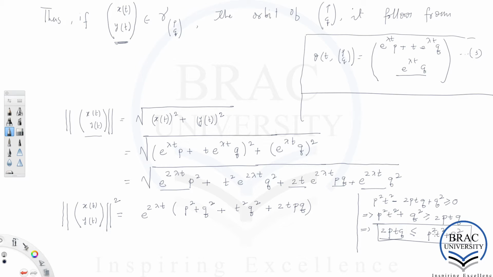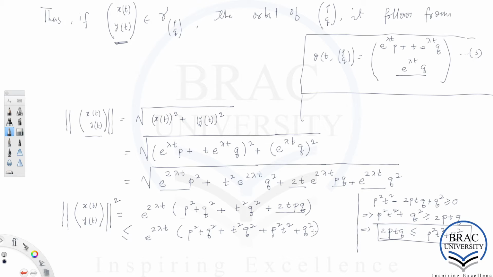Okay, so from here we see that this expression is less than or equal to e to the 2 lambda t times p squared plus q squared plus t squared q squared, and this is less than or equal to p squared t squared plus q squared.